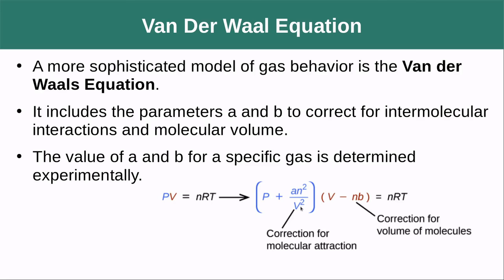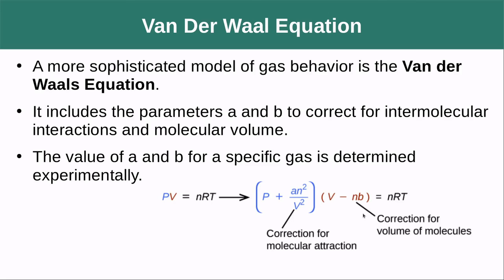What they're really trying to do here is, if you look at A, this is accounting for the molecular attraction. It multiplies times n squared, which gives you the sense that the more molecules there are interacting, the larger this term becomes. And then over here we see a correction on the volume, and this is to correct for the volume of the gas.